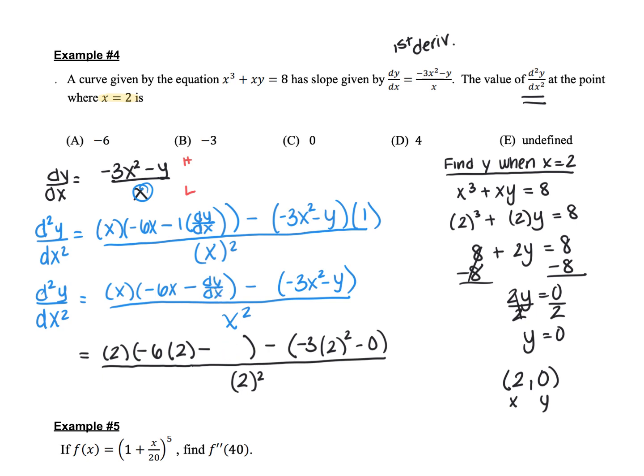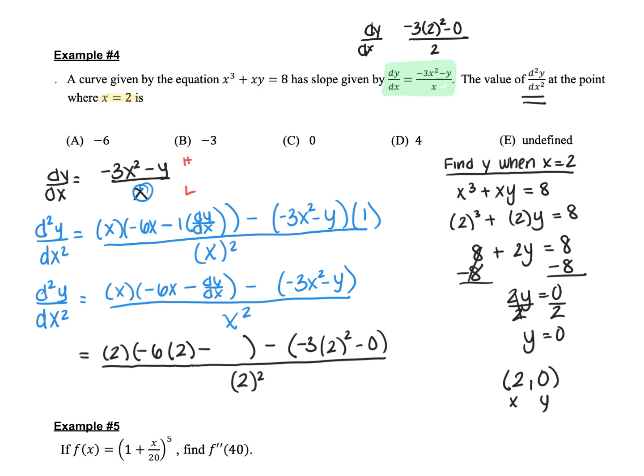So I skipped over this dy dx, right, because that's supposed to go here. So what's interesting about this whole implicit concept is that you actually have to go back to your first derivative, which is here, my dy dx, and I need to plug in the point here as well. So when x is 2 and y is 0, let's see what dy dx is.